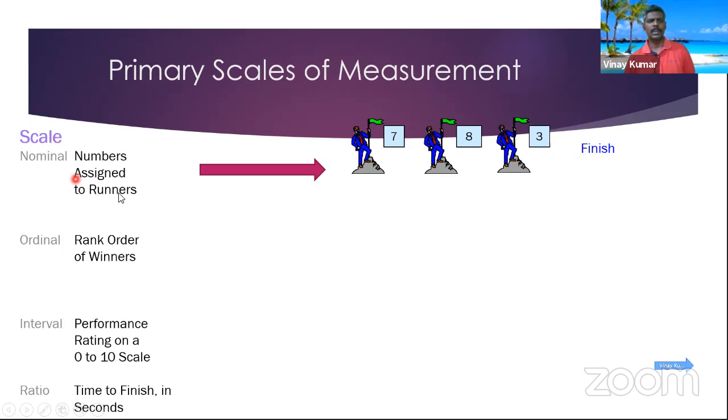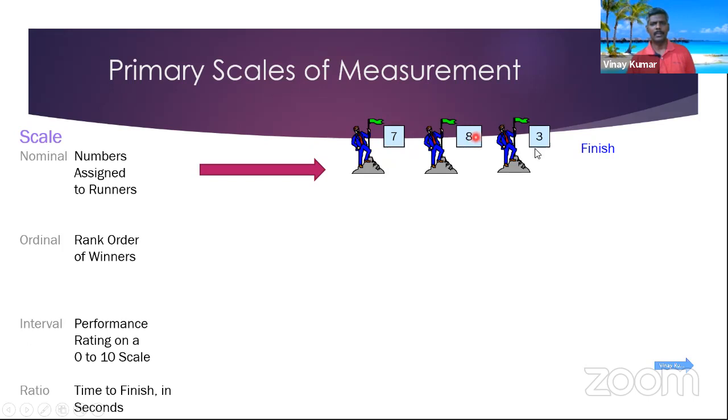It helps the researcher to identify his objects, identify his respondents. That's the utility of the nominal scale. Other than that, this nominal scale doesn't have any other utility. For example, number 7, which is assigned to this athlete, doesn't describe anything about this athlete.